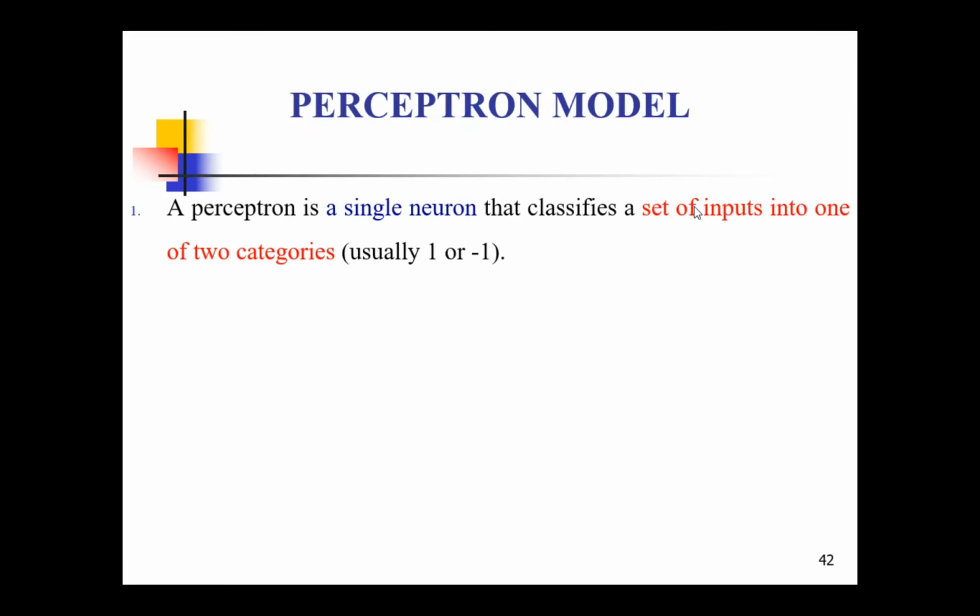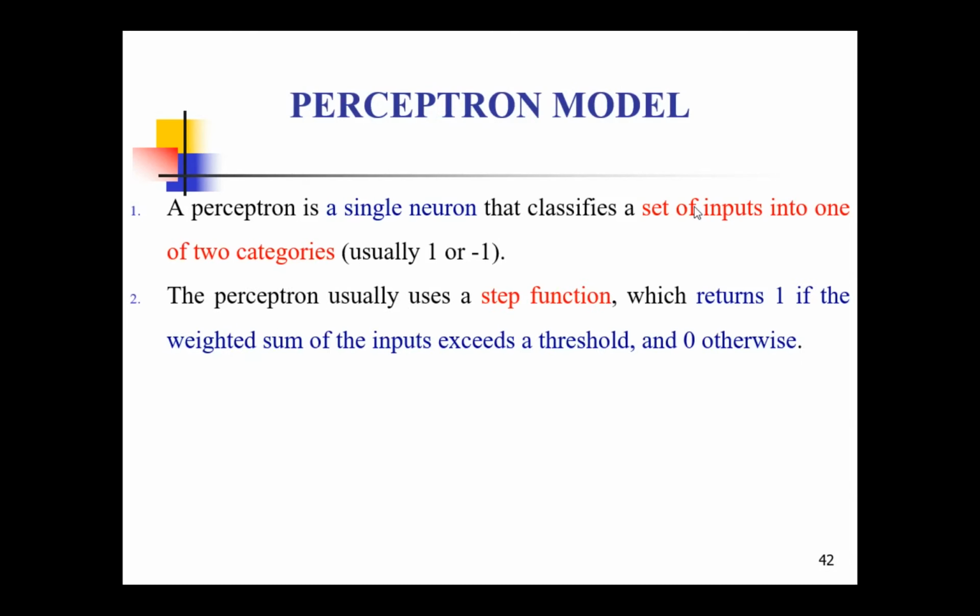Perceptron model. A perceptron is nothing but a single neuron that classifies a set of inputs into one of two categories, either 1 or 0, or 1 or -1. So a perceptron is nothing but a single neuron model. This perceptron uses a step function as its activation function.